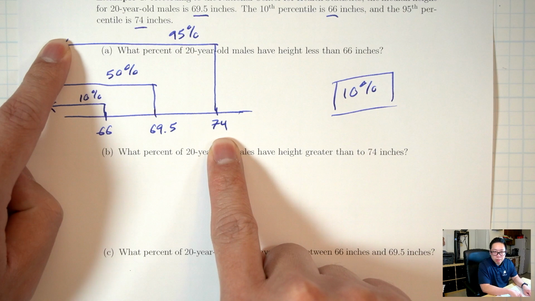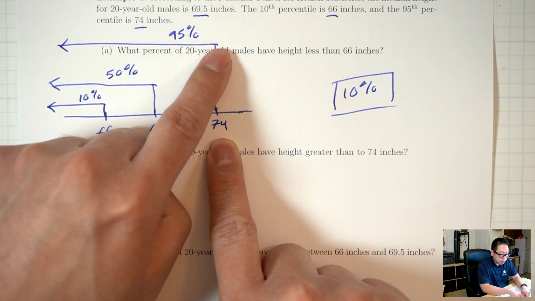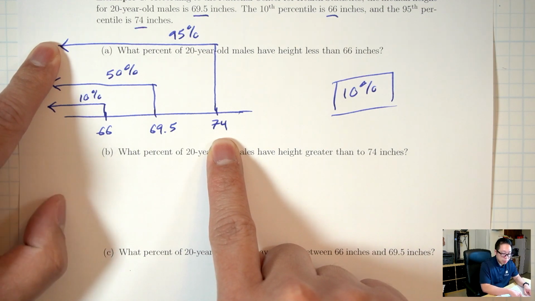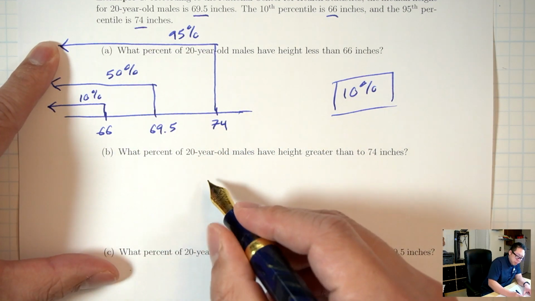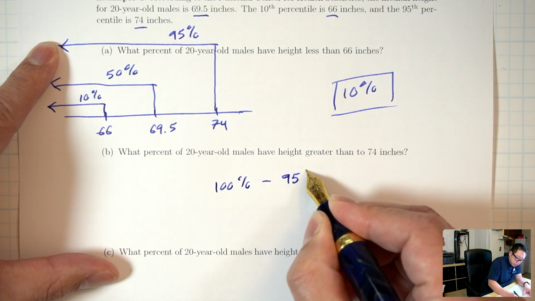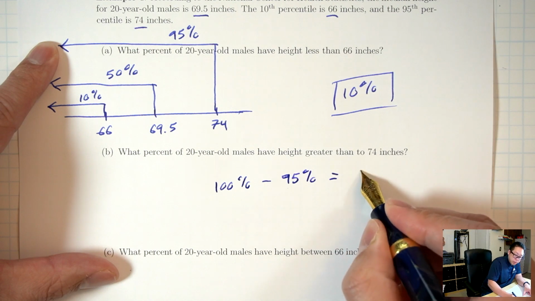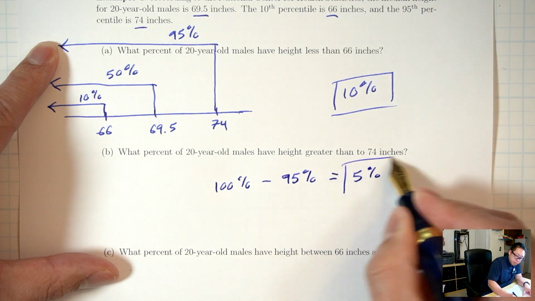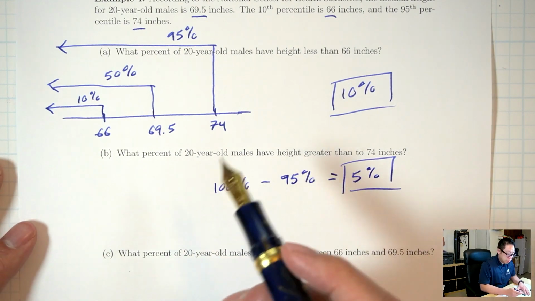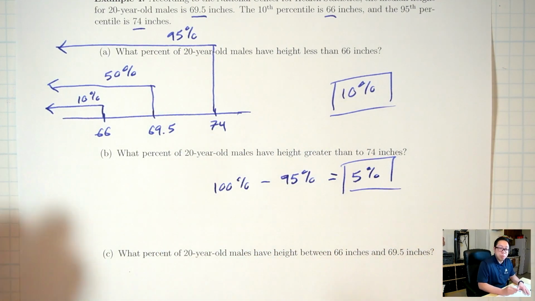So all we're doing here is, I know it's 95% to the left, which means the rest of it, which is 100% minus 95%, is to the right. Anytime you want the other side, just do 100 minus that number.